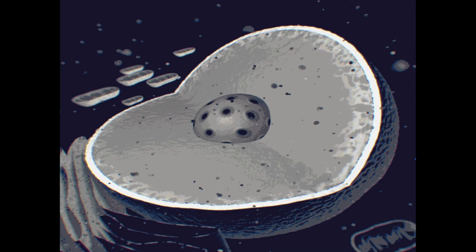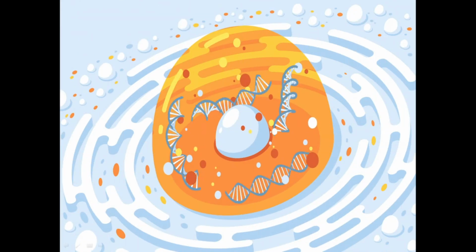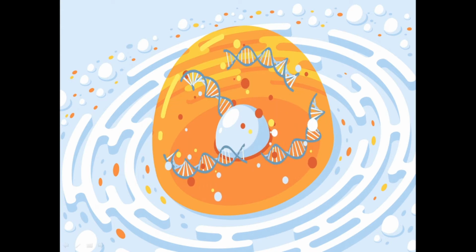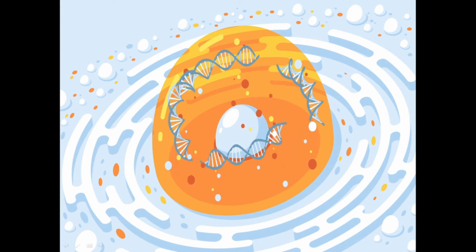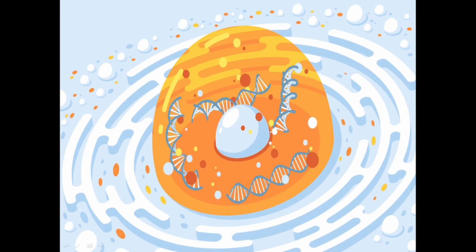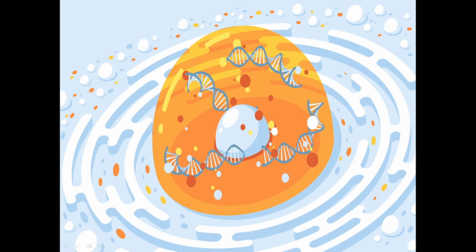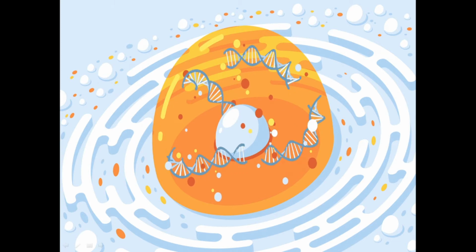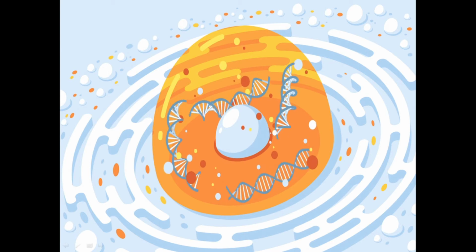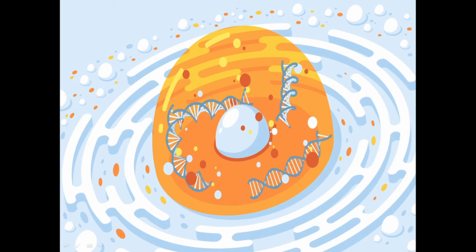It contains the genetic material of a cell. It plays an important role in controlling the activity of the cell. Eukaryotic cell protoplasm contains different cell organelles along with genetic material. It is considered as the physical basis of life.